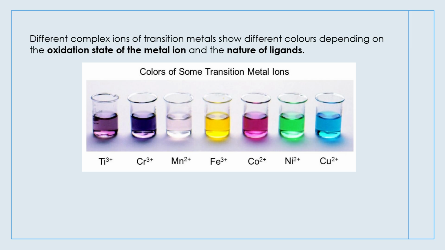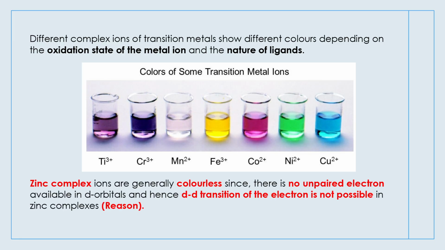It means in zinc, since it has no unpaired electrons, there will be no d to d electronic transition. Ultimately, zinc complex will not give any color and it is colorless. There is no specific color of it. You get this in your reasoning for 1 mark, that why the zinc ion complexes give no color. So you simply write that it has no unpaired electron, so no d to d electronic transition is possible here.